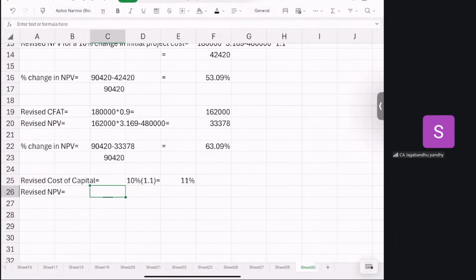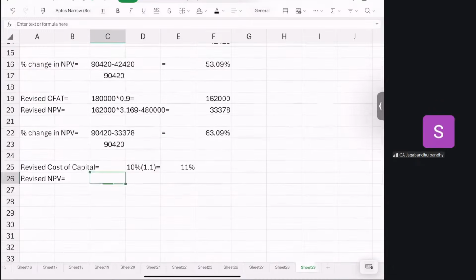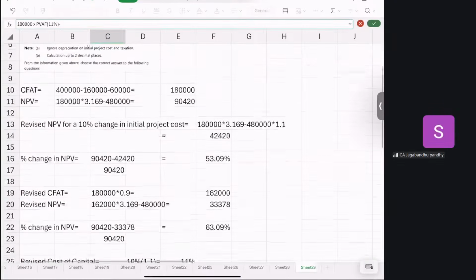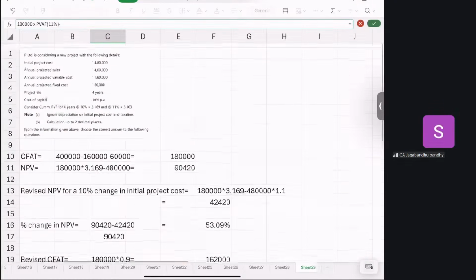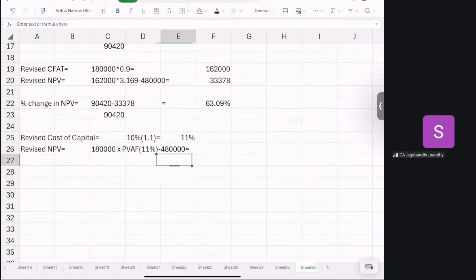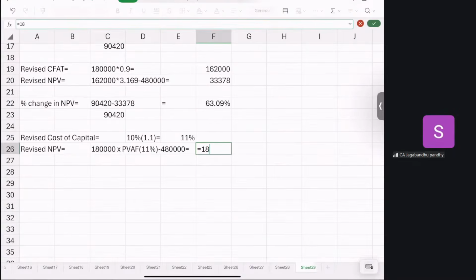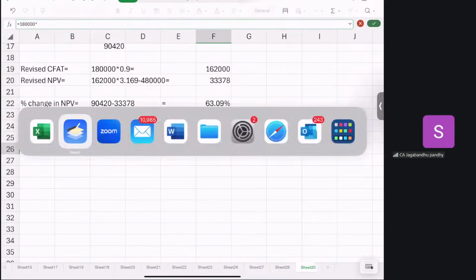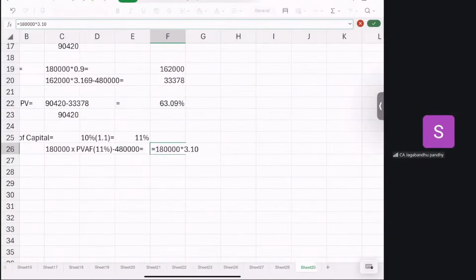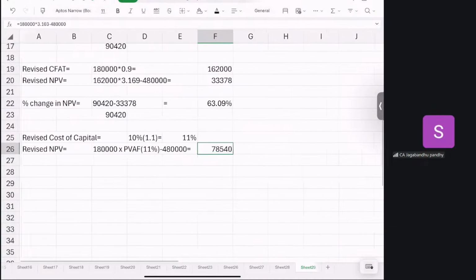Revised NPV will be the original cash flow of 1,80,000 into the present value annuity factor at 11%, minus the initial project cost of 4,80,000. The present value annuity factor at 11% is 3.103.